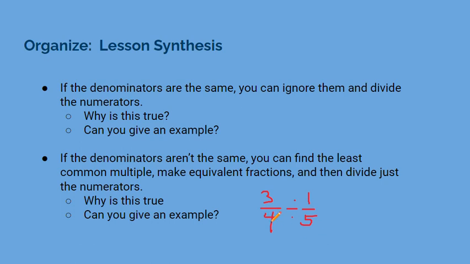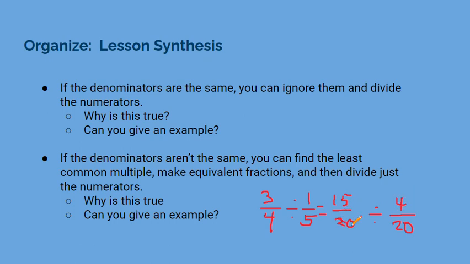Sure. What's the least common multiple for both of those? 20. So now we've got 20ths for our denominators. That was times 5 to make that, so I'd take that times 5. That makes 15. 4 times 5 gives me 20, so 4 times 1 is 4.